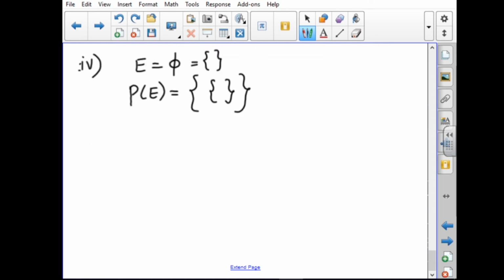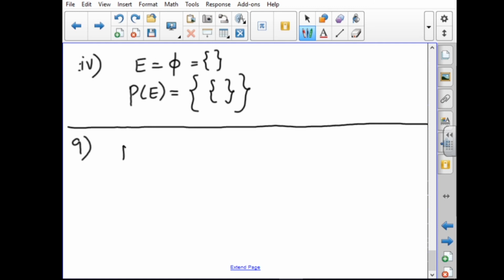Next one, question number 9. Find the number of subsets and the number of proper subsets of the following. Number of subsets means we can use the formula 2 power m.